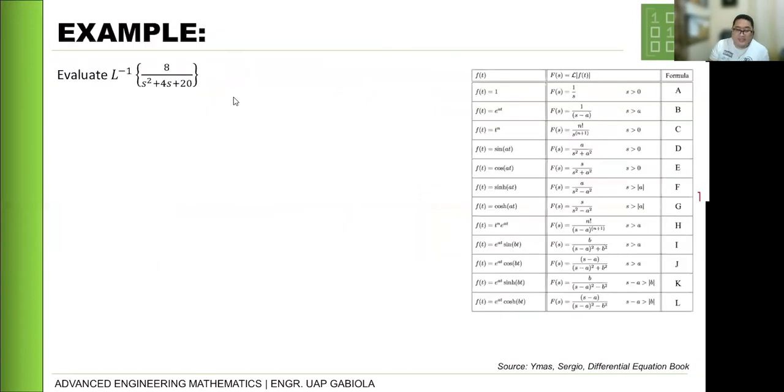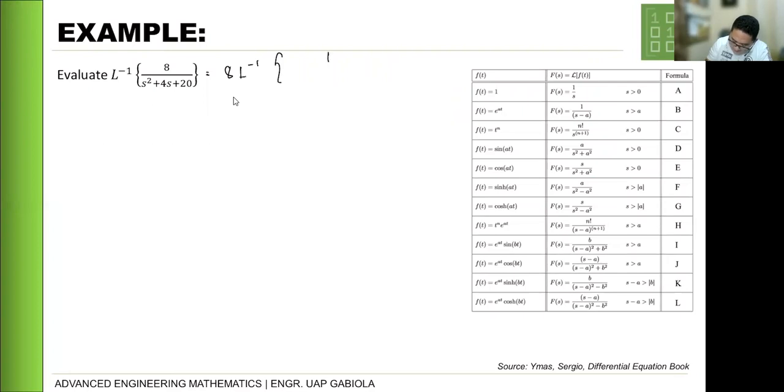So, let's say we have to evaluate 8 over s squared plus 4s plus 20. So, in solving inverse Laplace, you need algebraic manipulation skills, no, to be able to get yung mga factors na kailangan mo. So, this can also be represented as 8 L negative 1.